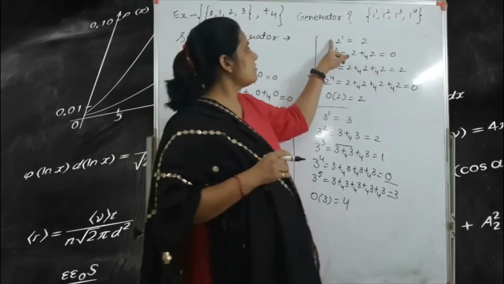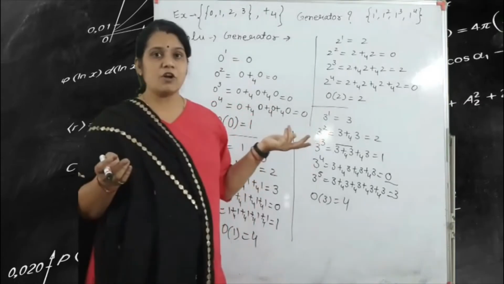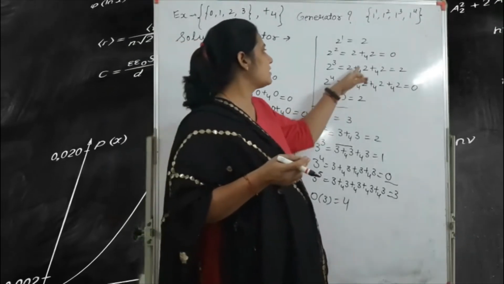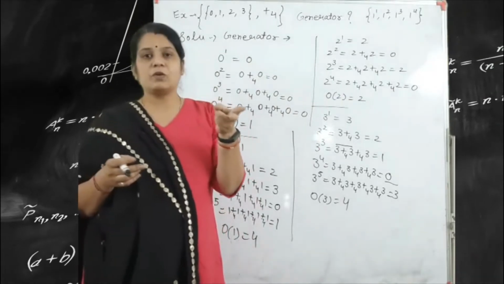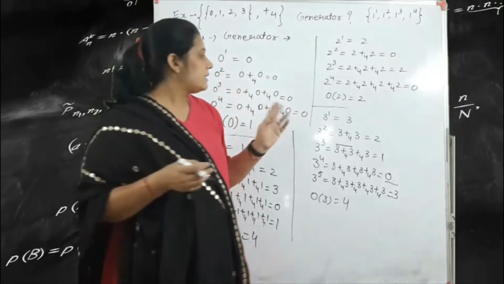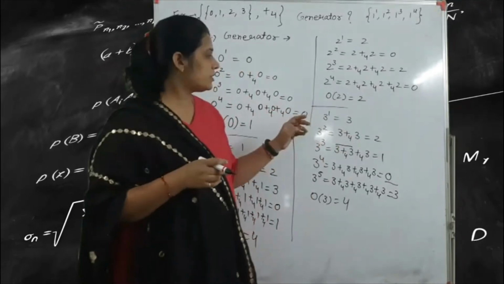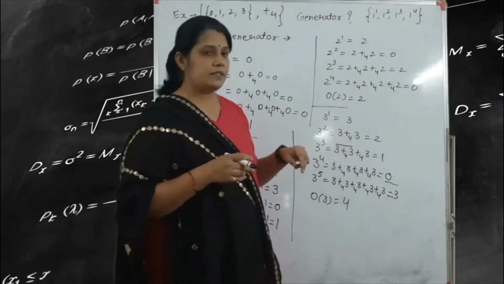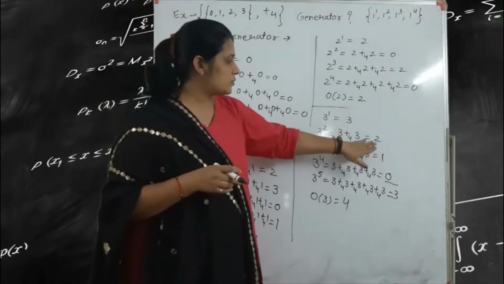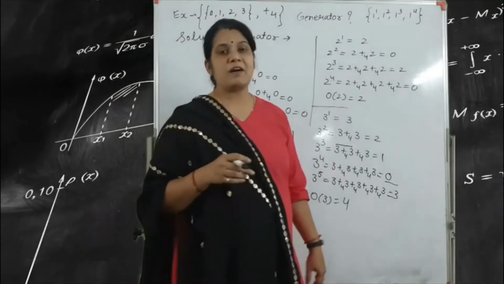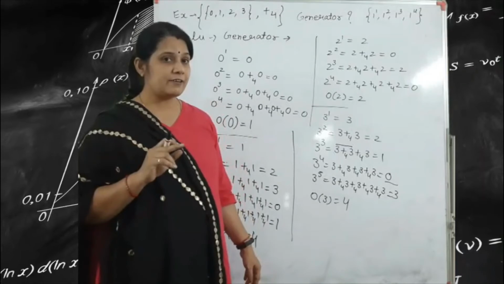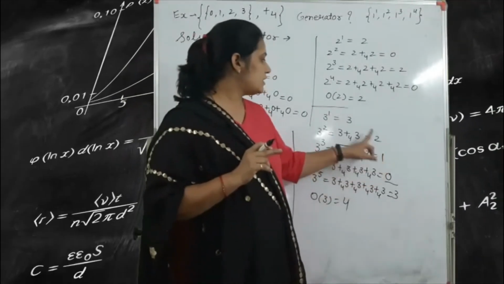Next, if we consider 2, is 2 a generator or not? No, 2 is not a generator because here we have only 2 elements, 0 and 2. 1 and 3 are missing. Next one is 3. If we put 3 raised to the power 1, we get 3, 3 raised to the power 2, 2, 3 raised to the power 3, 1, and 3 raised to the power 4, 0. So again see carefully, we get 0, 1, 2 and 3.